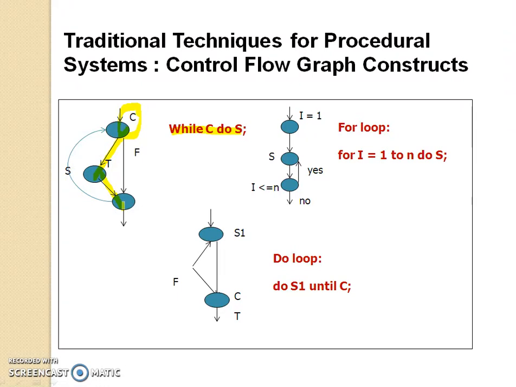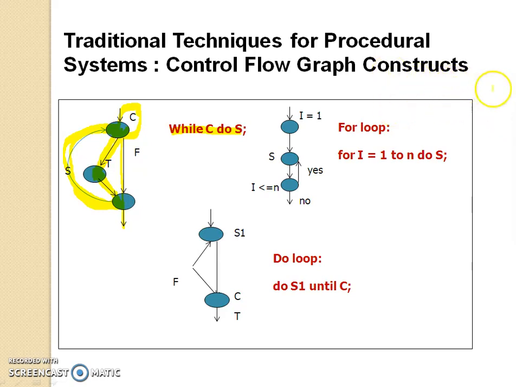If the loop exit condition is not yet reached, it will move back iteratively and check C again, and then move into the true path again. This block will be executed multiple times. Once the condition is rendered false, it will exit out. Or even if it is false in the first attempt, it will just traverse this path. That is the false path.